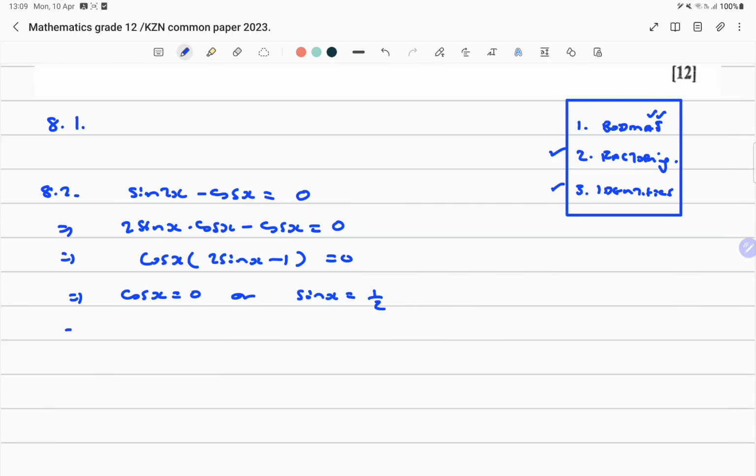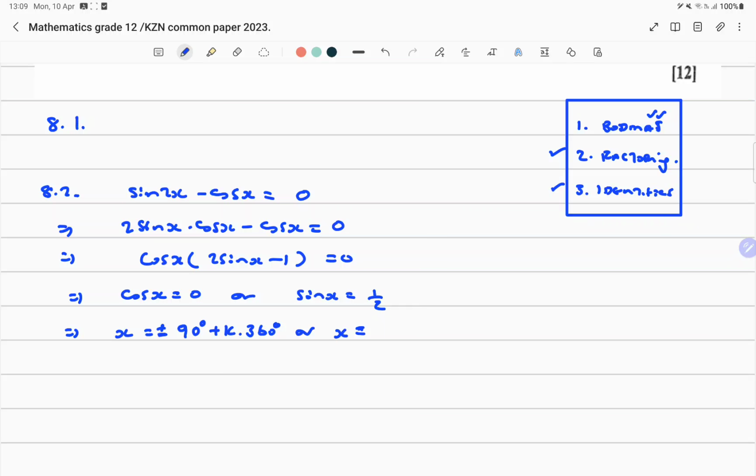So we know that this also implies that x is equal to, remember, cos is going to be plus or minus. Arc cos of 0 is 0, right? Oh, it is 90. Almost lied to you guys. So this is 90 degrees plus k times 360 degrees, or x is going to be equal to, remember, arc sine of a half is basically 30 degrees.